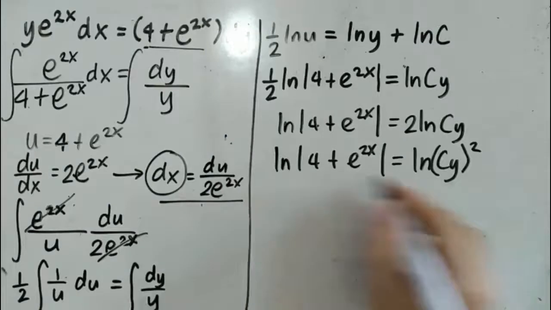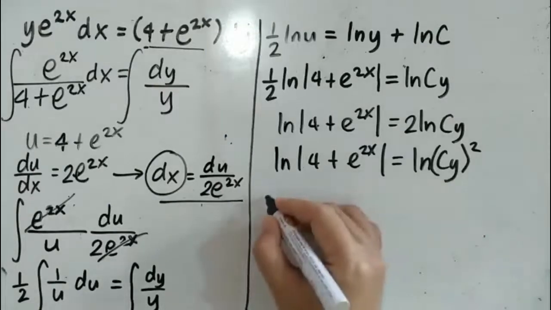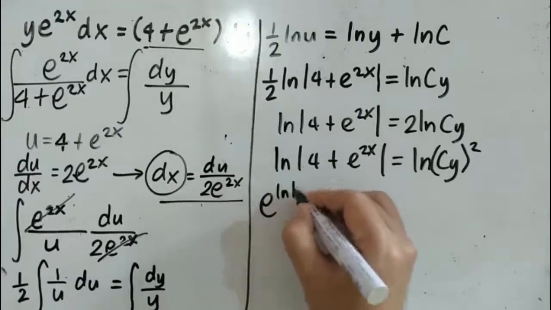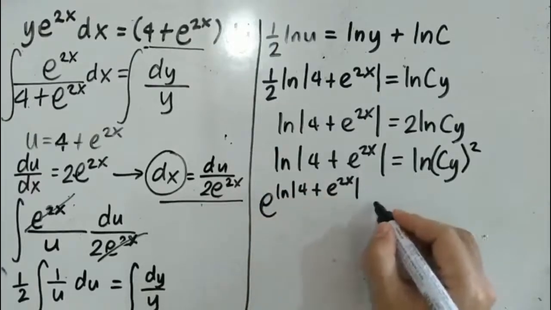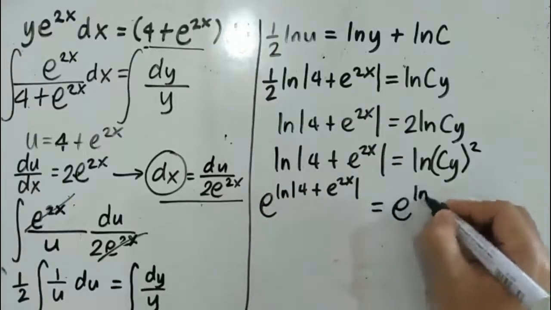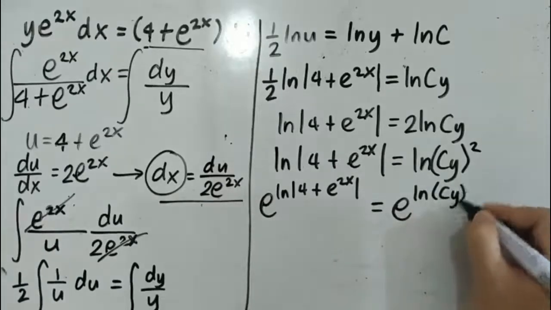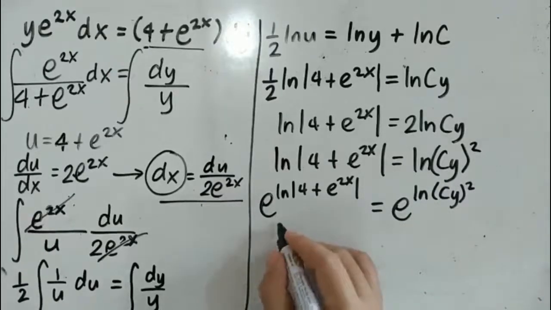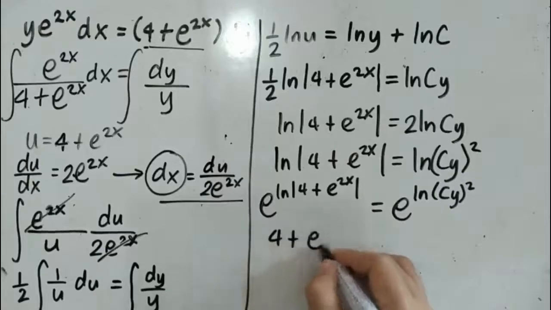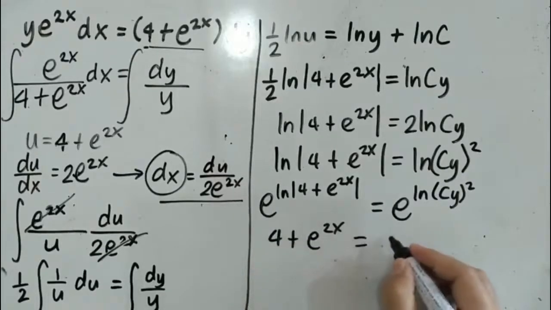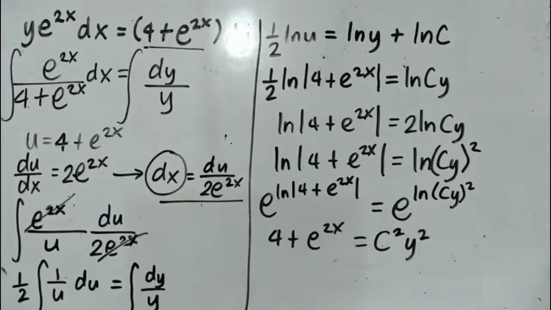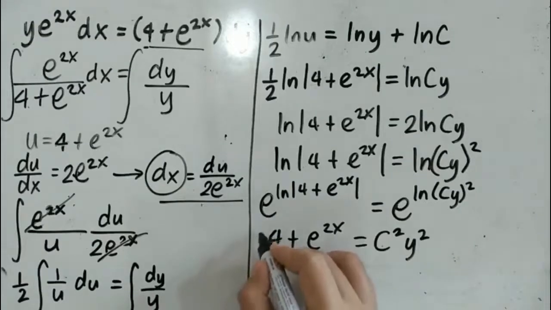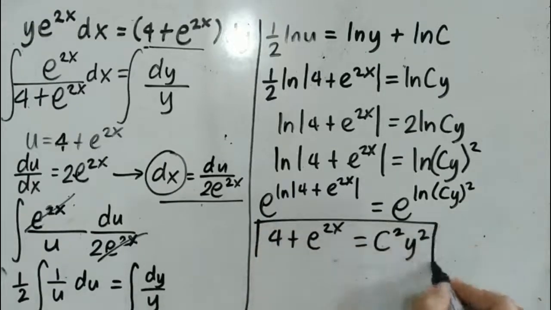And then we raise e to both sides. So e to the power of ln of 4 plus e to the 2x equals e to the power of ln of cy squared. So this yields 4 plus e to the 2x equals cy squared, or c squared y squared, which is now our final answer.